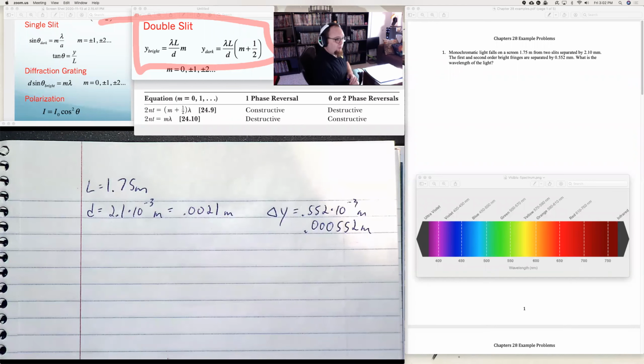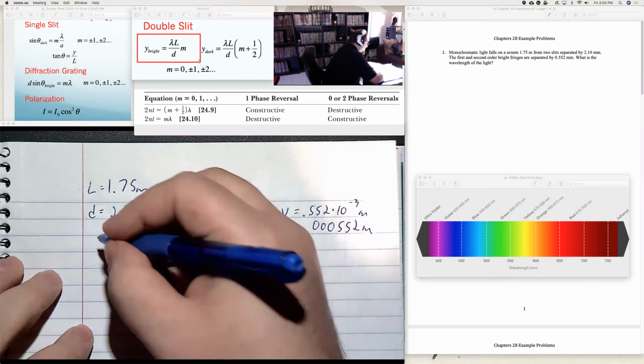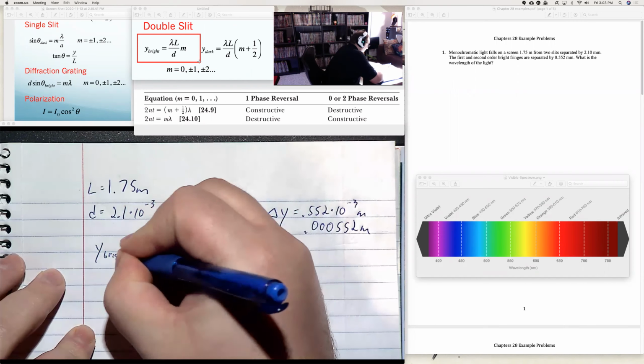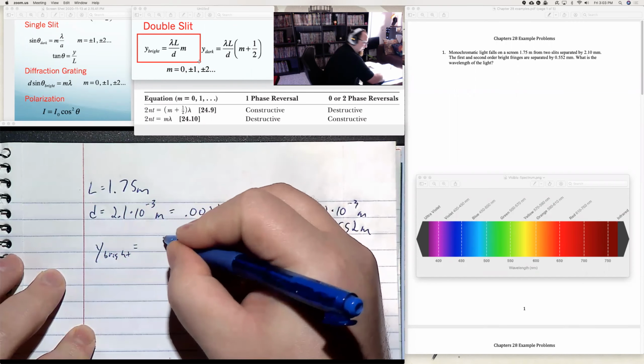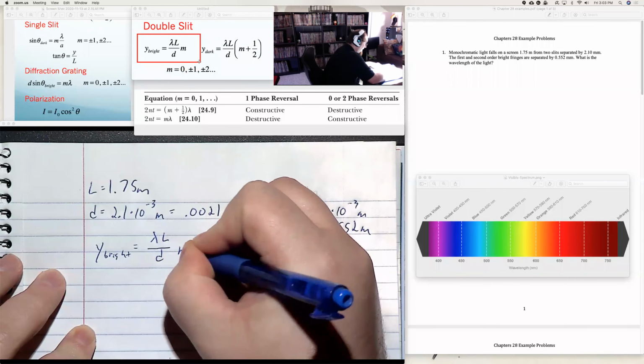And it says, what is the wavelength of the light? Well, they said this is the distance between the bright spots. And for bright, I'm going to just box it. For bright, I know this is the equation: the y value for bright is lambda L over d m.